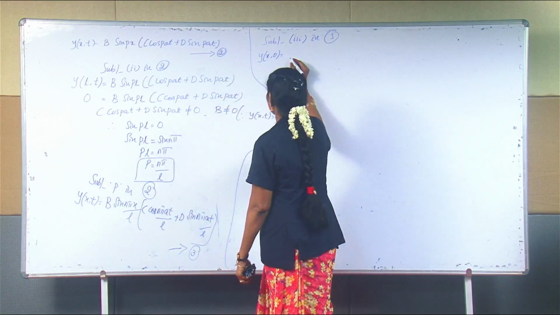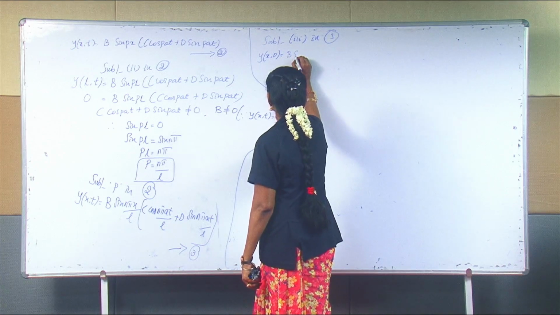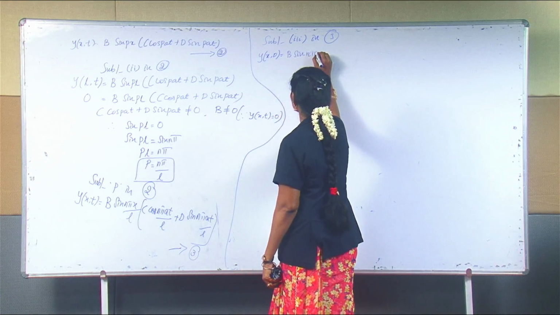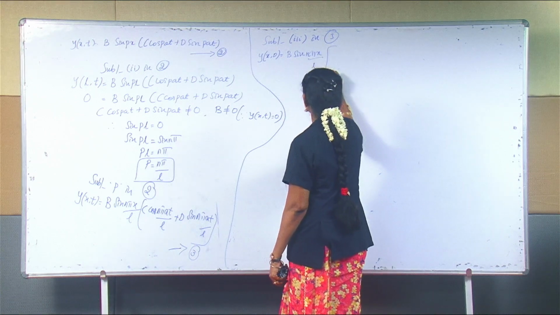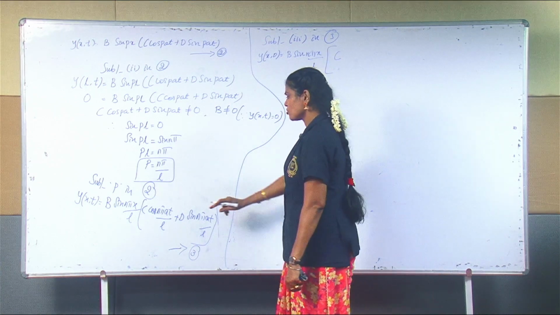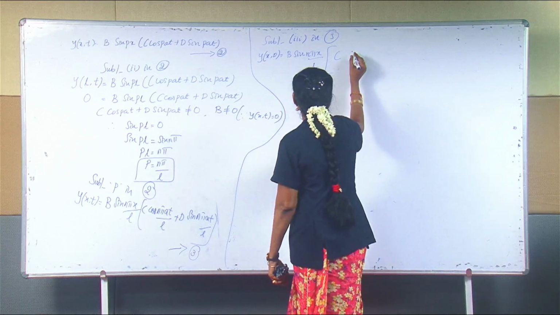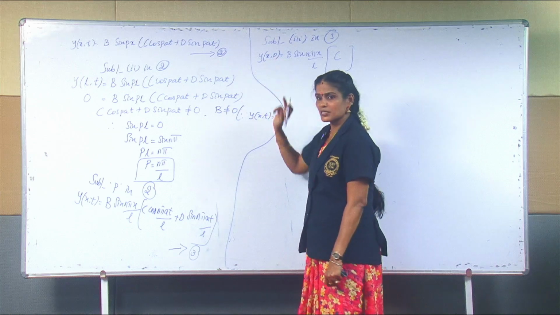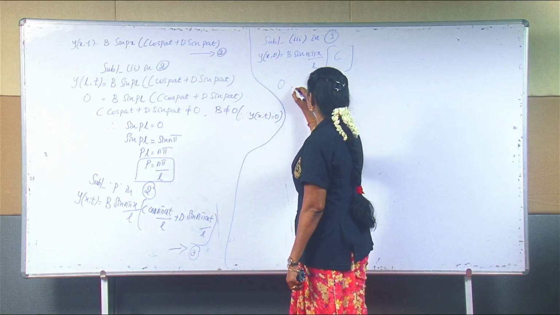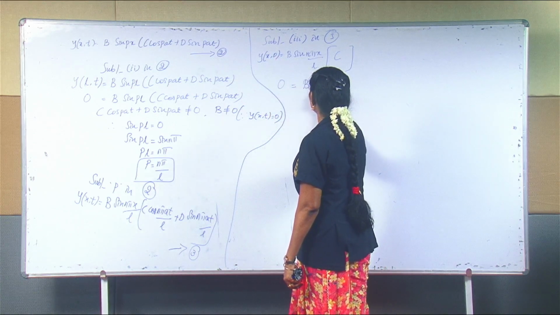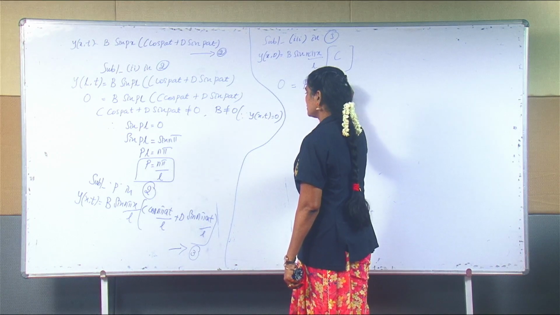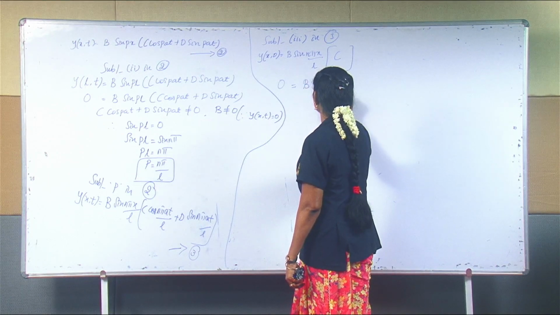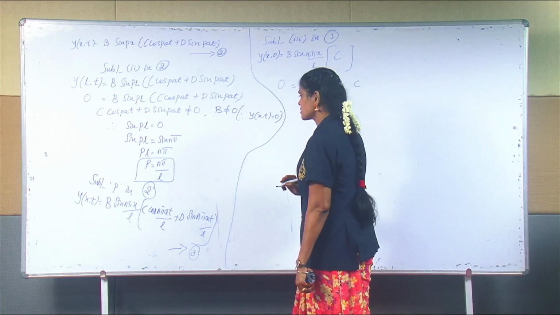That is why your y of x comma 0 equal to b sin n pi x by L into c, cos 0 value is 1, that is why c. By the boundary condition, your y of x comma 0 value is 0. So 0 equal to b sin n pi x by L into c.